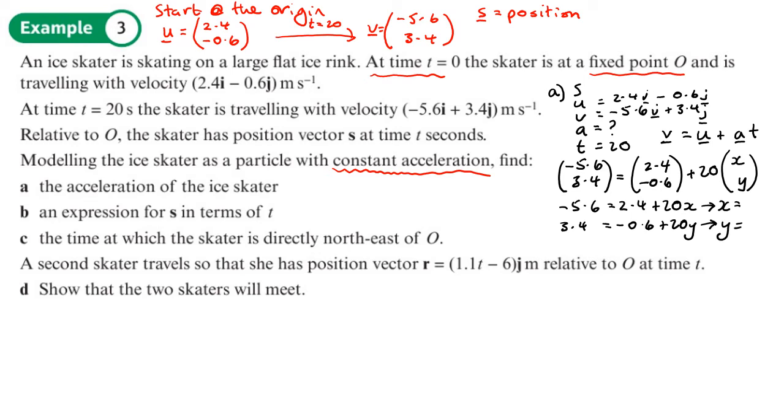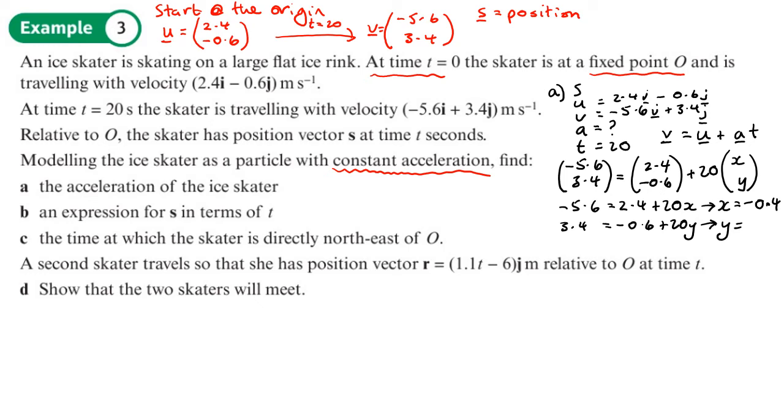So the first thing I'm going to do is, let's see, negative 5.6. So we're going to take away 2.4 from that and divide it by 20. So we get negative 2/5, or negative 0.4. X is negative 0.4. For y, solve that equation. We've got 3.4. We're going to add 0.6 to it, then divide that by 20, and we get a fifth.